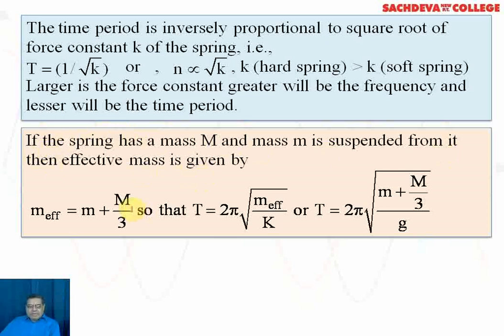But here we take the effective mass, which is given by m plus M by 3, so that T equals 2 pi under root m effective divided by k, or T will be equal to 2 pi under root of m plus M by 3 whole divided by k. The time period is not affected by g. This has been explained earlier.